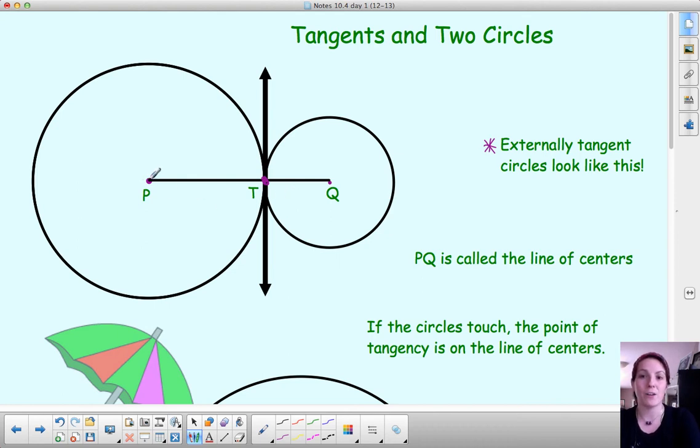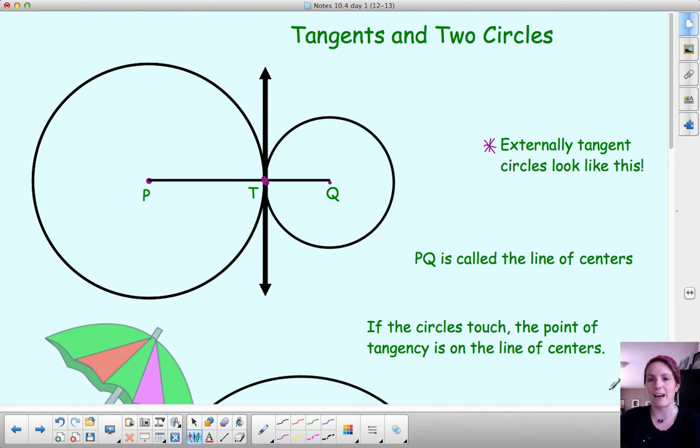And we have another vocabulary word. When we connect the centers of two circles, it's going to be called the line of centers. When we have externally tangent circles, read that phrase again, externally tangent circles, then the point of tangency is on the line of centers. My two circles are actually tangent to each other.